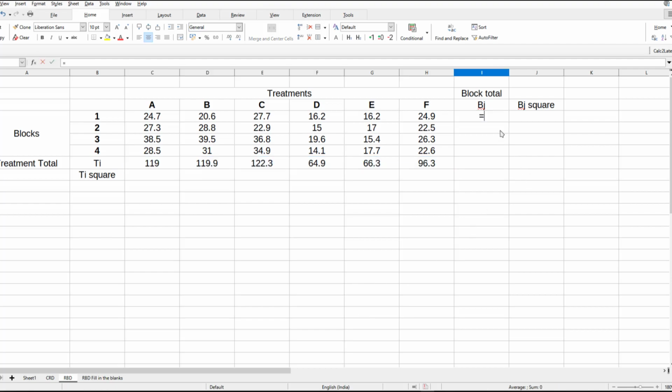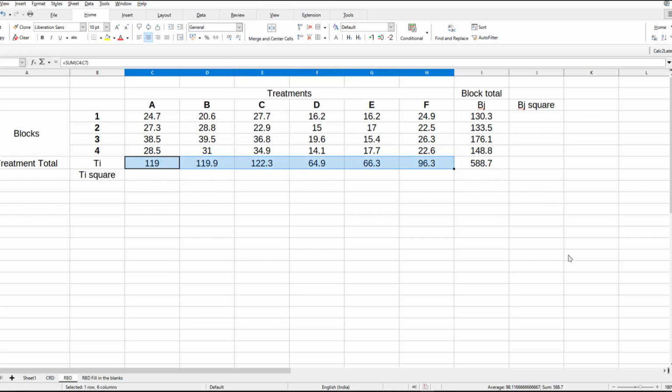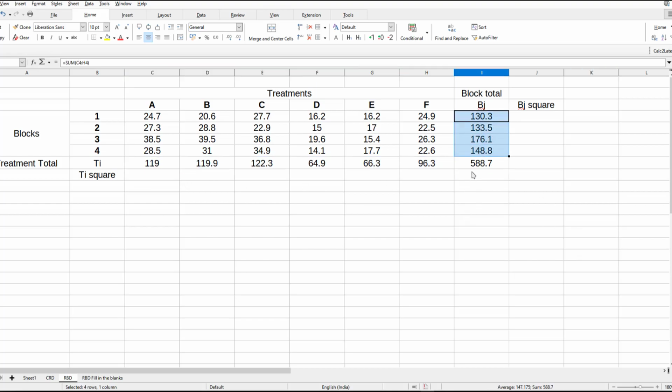Similarly, I will calculate the sum of all these values, right? This will give me the total of block 1, and if I copy, that will give me the total of block 4. Now this is nothing but the addition of this or the addition of this.